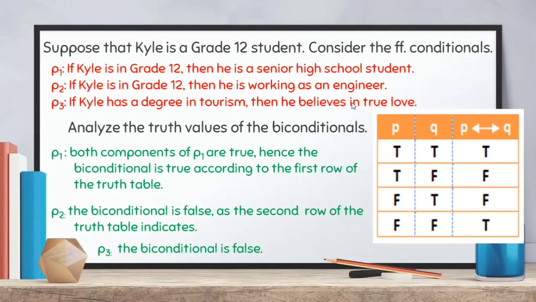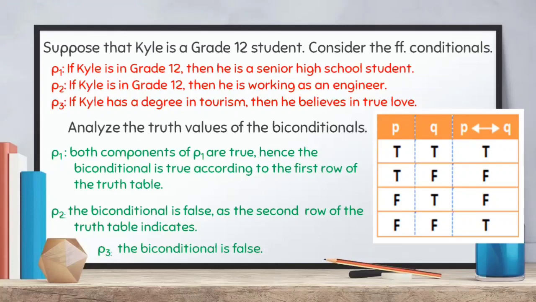Then we assume that he believes in true love, and that would be our proposition Q, which is true. Even though our proposition Q is true, it follows that our P if and only if Q is false, right? Okay. So how about if Kyle has a degree in tourism is a false statement, and he believes in true love is also a false statement? Then eventually we will have a true truth value. All right. Any questions so far?